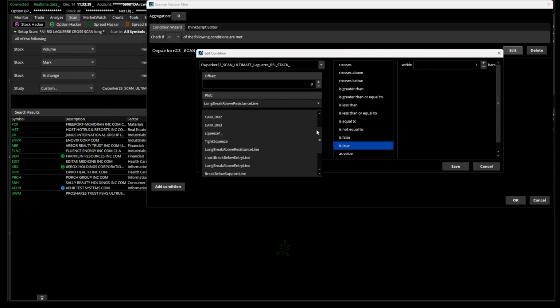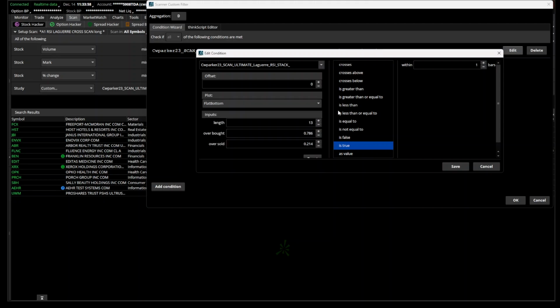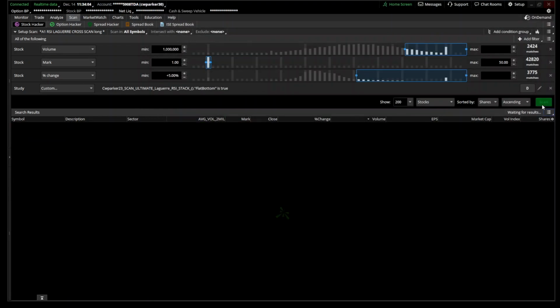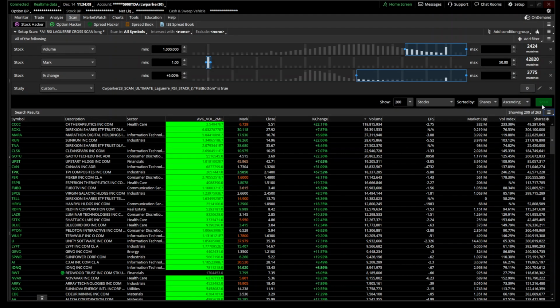Cam 1, 2, squeeze, everything that you want to look for, or you could possibly want to look for from the actual Laguerre RSI and the top line for the Laguerre. The tops and bottoms. So we can look for flat bottom. It's true within 1 bar. I'm leaving everything the same, and that's the only thing I'm looking for. So this gives us anything with a flat bottom for today.